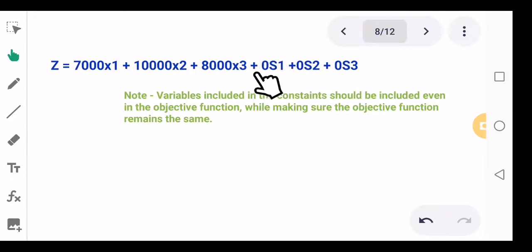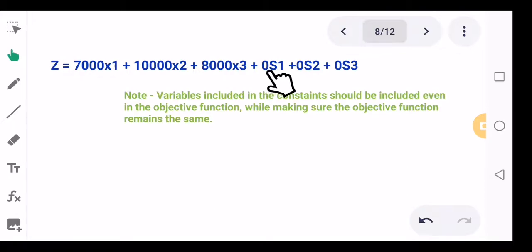So the presence or absence of this is the same, right? It doesn't make a difference. So basically the objective function is Z equal to 7000 x1 plus 10,000 x2 plus 8,000 x3 itself.